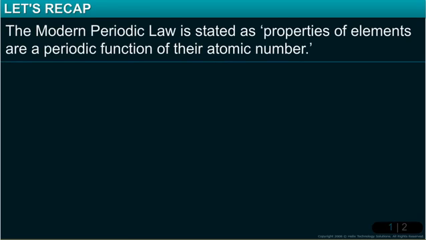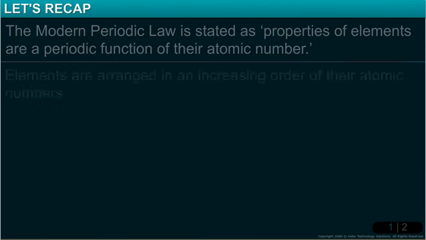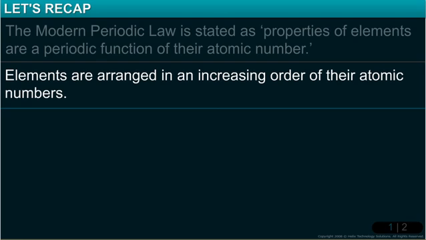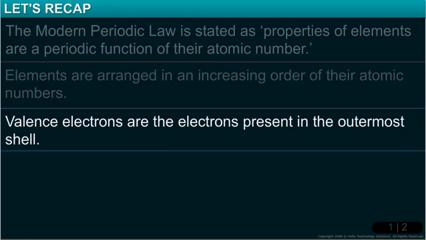In this module, you have learnt that the modern periodic law is stated as: properties of elements are a periodic function of their atomic number. Elements are arranged in an increasing order of their atomic numbers. Valence electrons are the electrons present in the outermost shell.